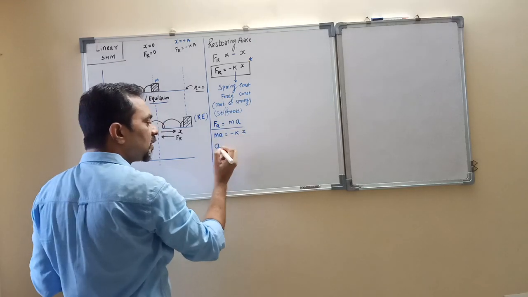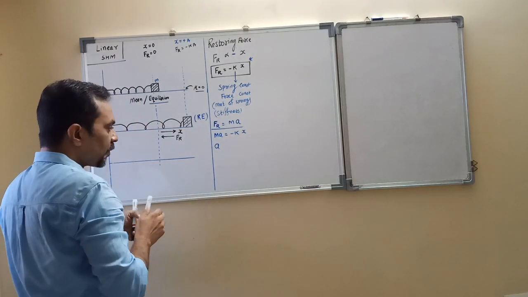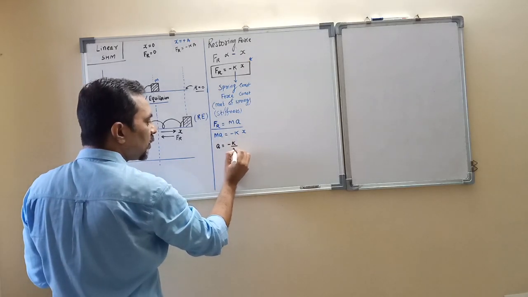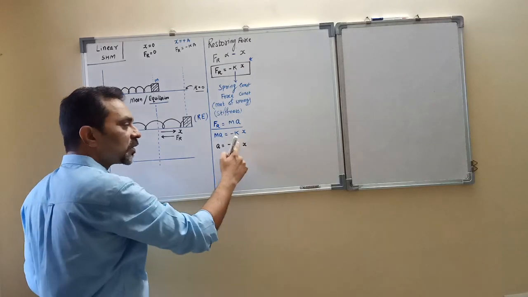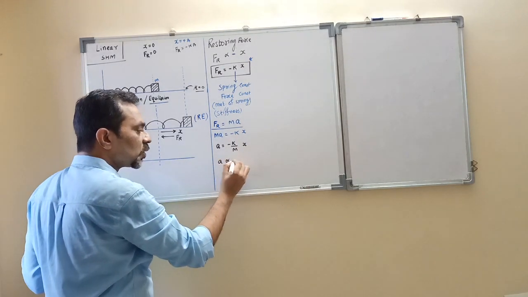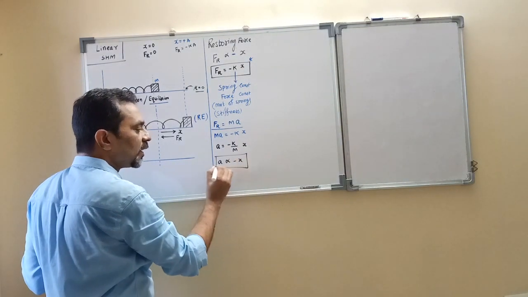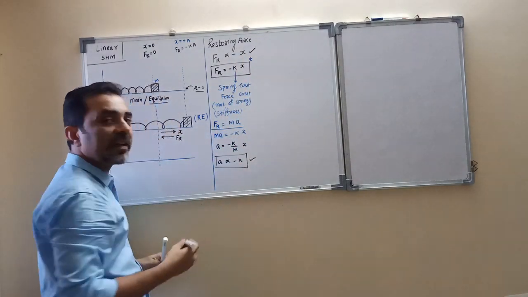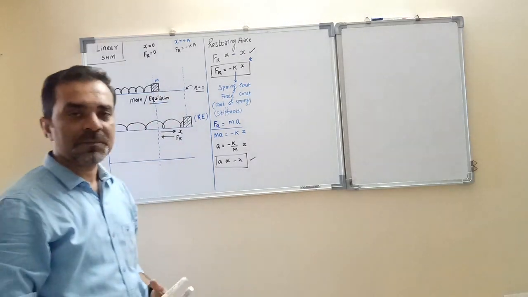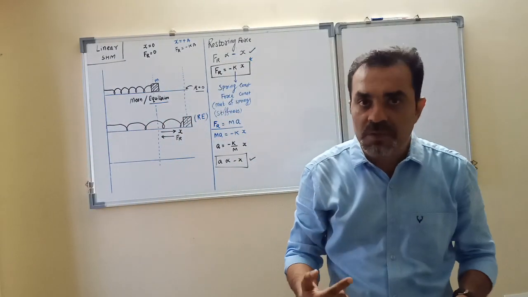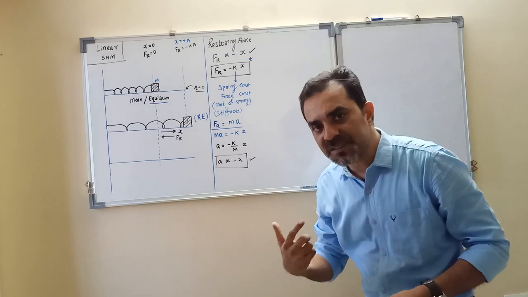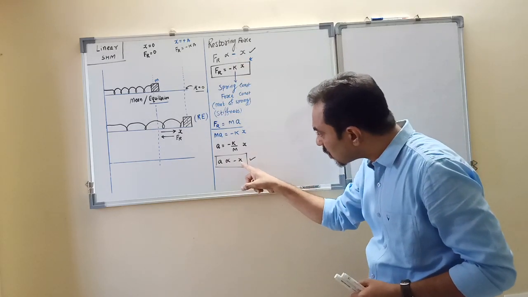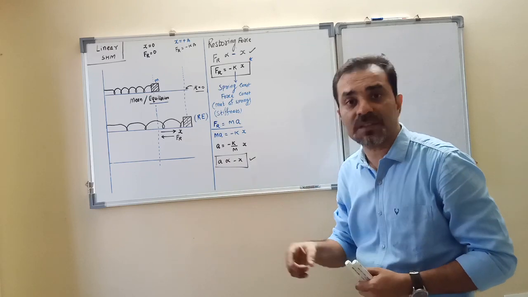That means acceleration is minus k by m into x. Now k is constant, mass will also remain constant, so I can also say acceleration is proportional to minus of x. Where did I start? I started from force, and I am ending at what? Acceleration. But you can see the same relation. Restoring force is proportional to displacement, and it is in the opposite direction. Minus sign. Acceleration is also proportional to displacement, and it is in the opposite direction.